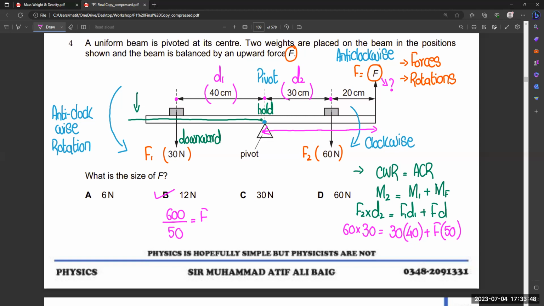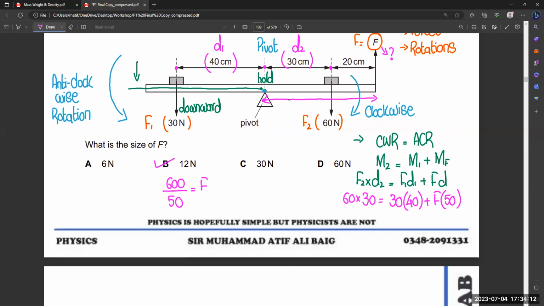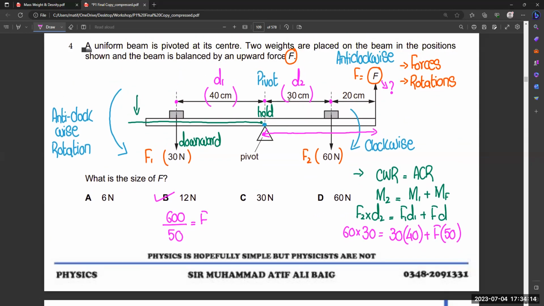It is not compulsory if all units are in the same form, because this question is already lengthy and we are solving an MCQ, right? And we know that in IGCSE we have on average only 1 minute to solve one MCQ. In O level we have much more time, but in IGCSE we need to solve one MCQ in 1 minute maximum. That's why unit conversion is not important.